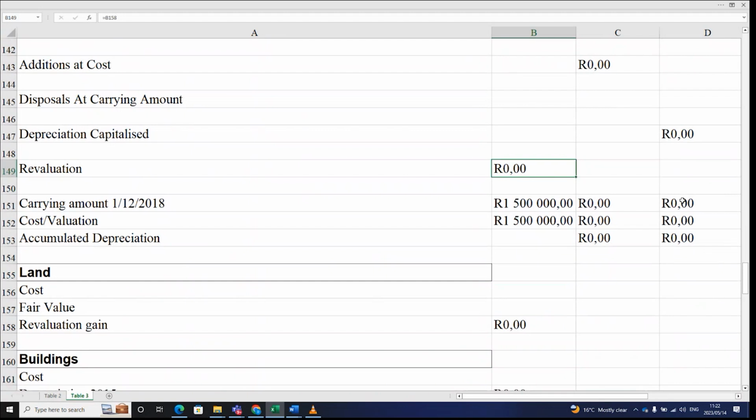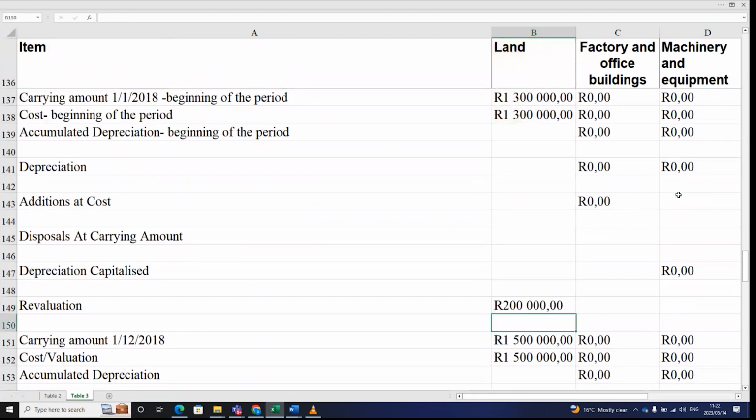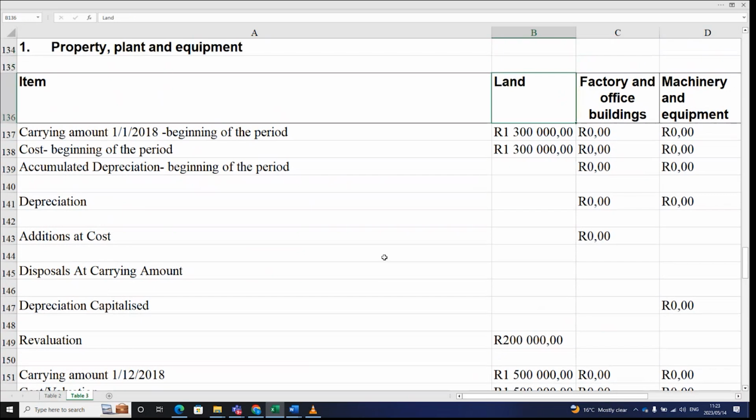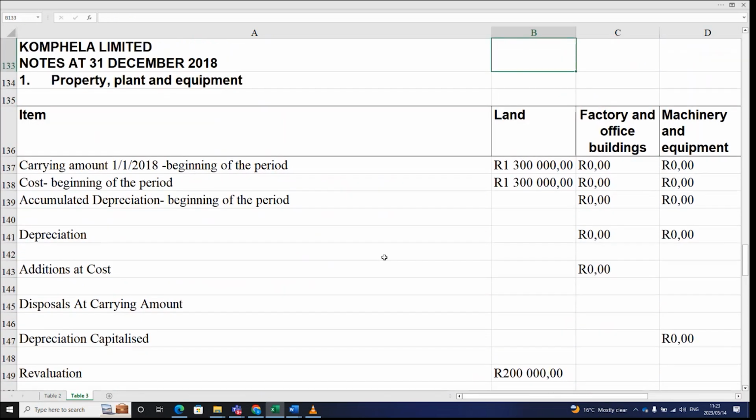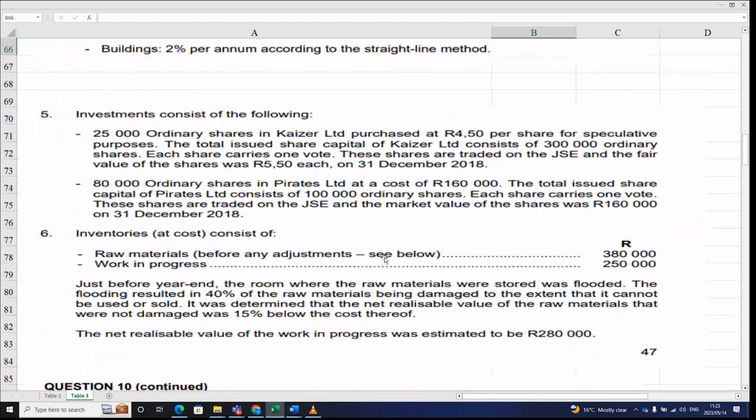Therefore the revaluation of this land will be 200,000. So we are at the PPE note now, and we've done the land portion because it was easier.